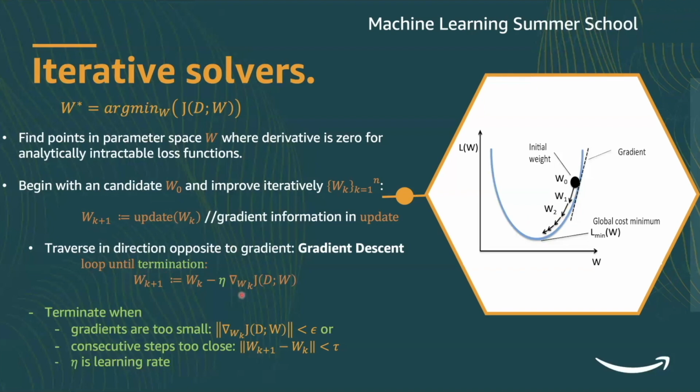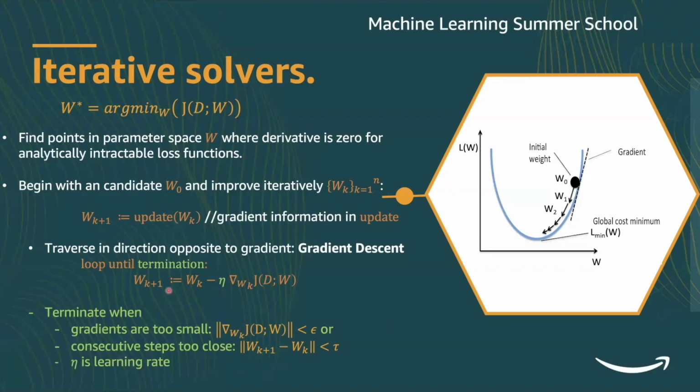So the equation looks like this. W k plus 1 is nothing but wk minus eta times nabla J. This nabla J is nothing but the gradient computed at wk. This eta here is the learning rate, because we don't want to overshoot and go past the minimum.